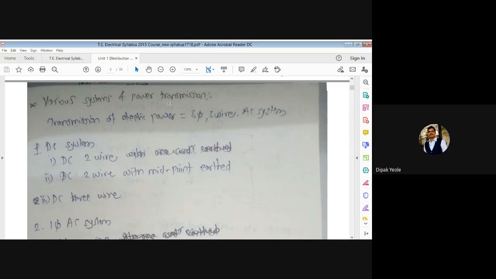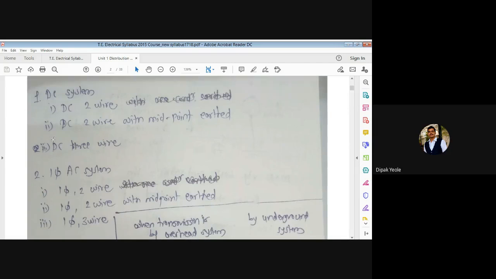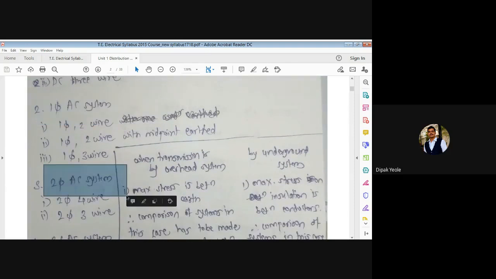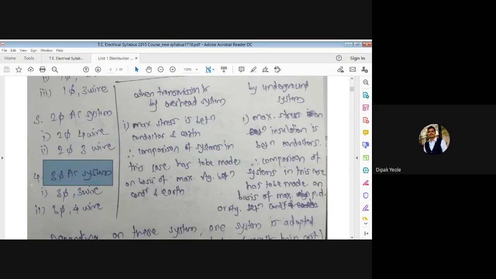Yes, various systems of power transmission are there. You can say 4 systems are available: DC system, single phase AC system, 2-phase AC system, and 3-phase AC system. So these 4 systems are available, and believe me, they are going to ask you the 3-phase 3-wire and 3-phase 4-wire difference comparison. Yes.